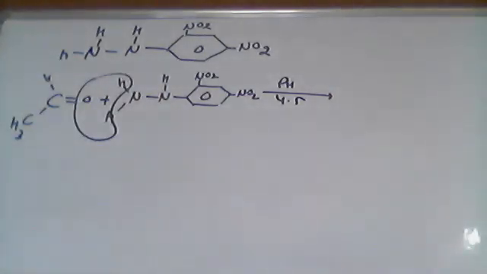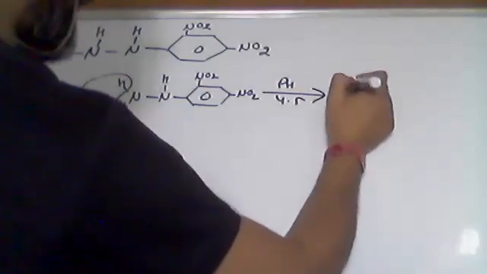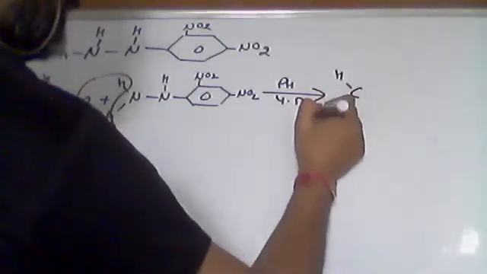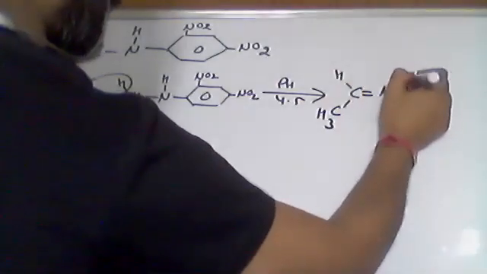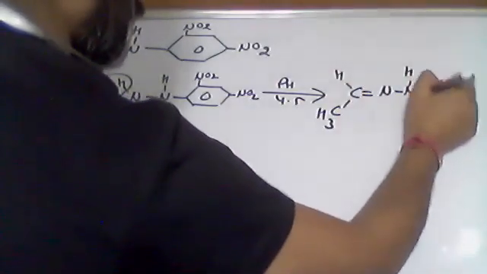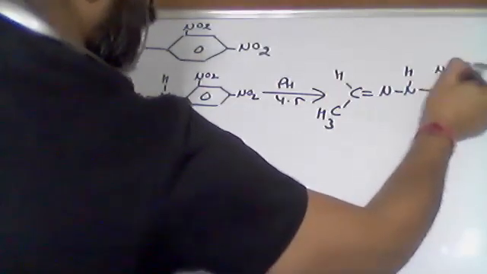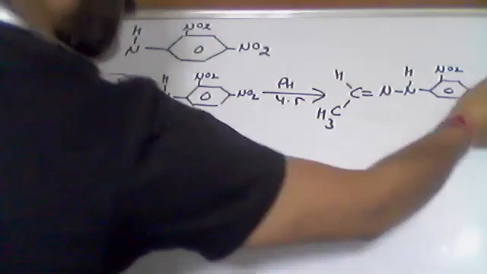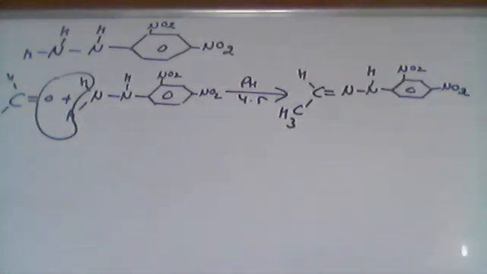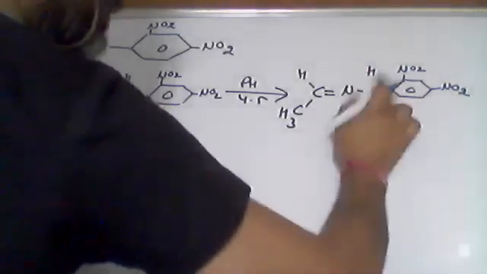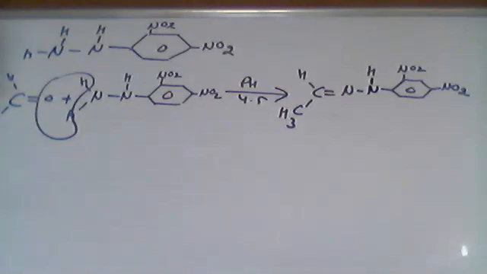Water molecule, shortcut I am using. The product will be CH3, double bond nitrogen, single bond nitrogen, hydrogen, and here I will get the NO2 and NO2. This we call phenylhydrazone. It is the phenylhydrazone of acetaldehyde.